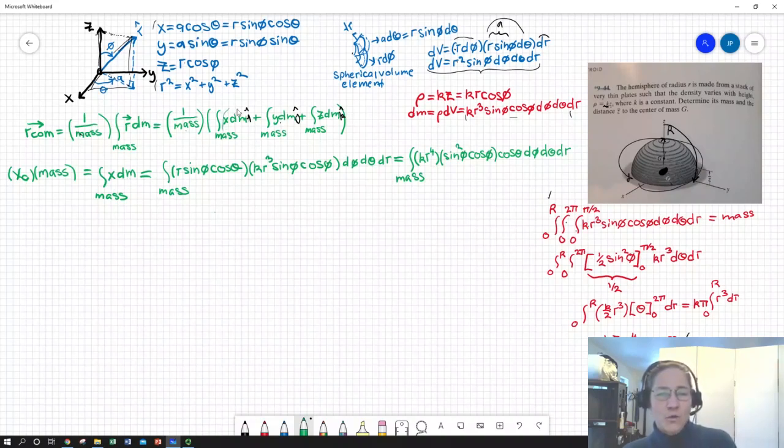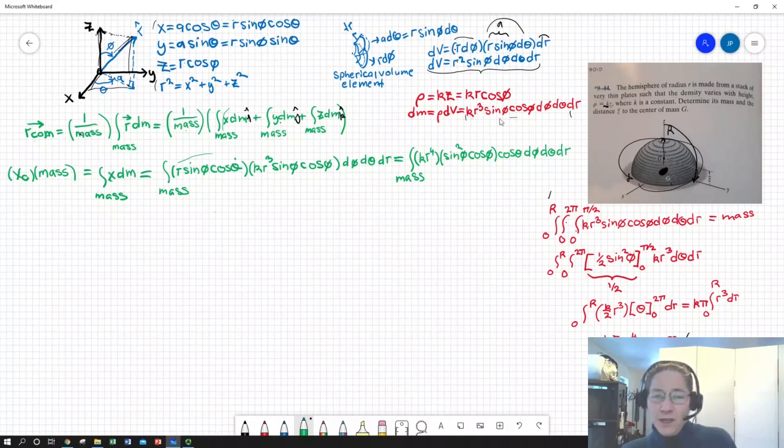So I'm looking at one component of the overall radius to the center of mass, COM is center of mass. So I'm going to drop in my expression for x, which is r sine phi cosine theta here. And then I'm going to integrate that with respect to mass, dm.